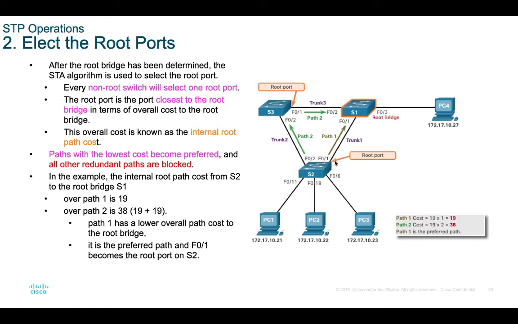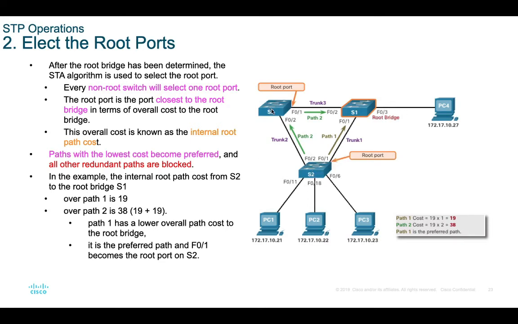So the cost to path 1 here is 19. But switch 2 also can reach switch 1 through switch 3. So the cost of using path 2 here will be path 2 plus path 3, which will be 38. Which one is the lower cost? Of course, it's path 1.